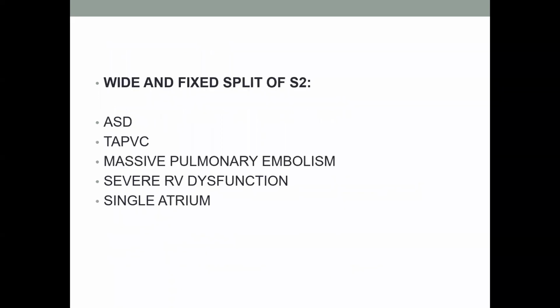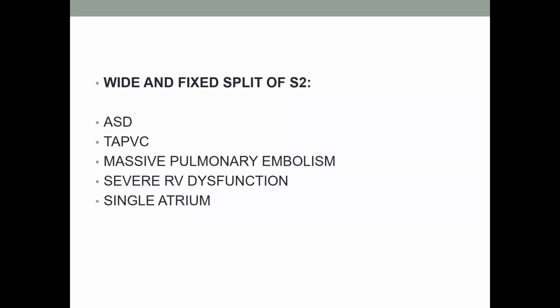Wide fixed S2 other than ASD is TAPVC, where there could be cyanosis. Any RV dysfunction with RBBB also produces a wide fixed S2. Massive pulmonary embolism also produces it. See, when you say wide fixed S2, you're actually saying there is no respiratory variation.